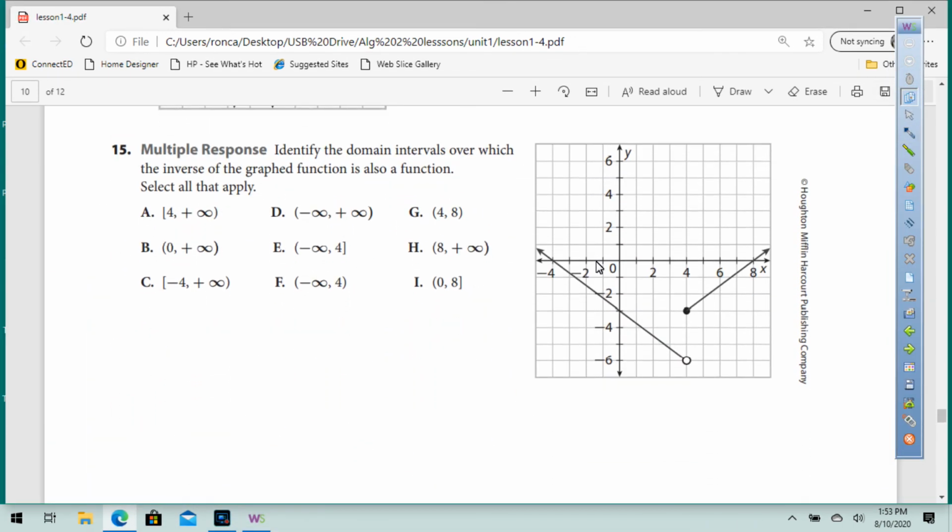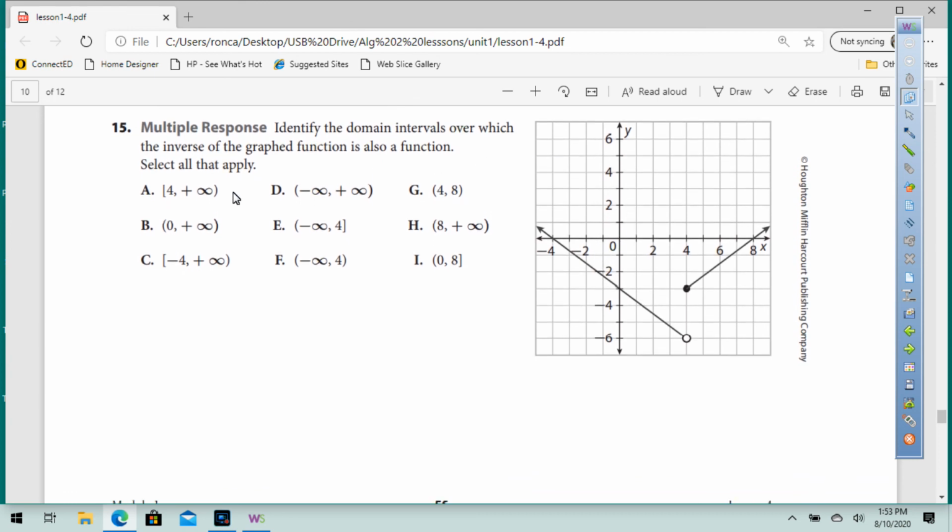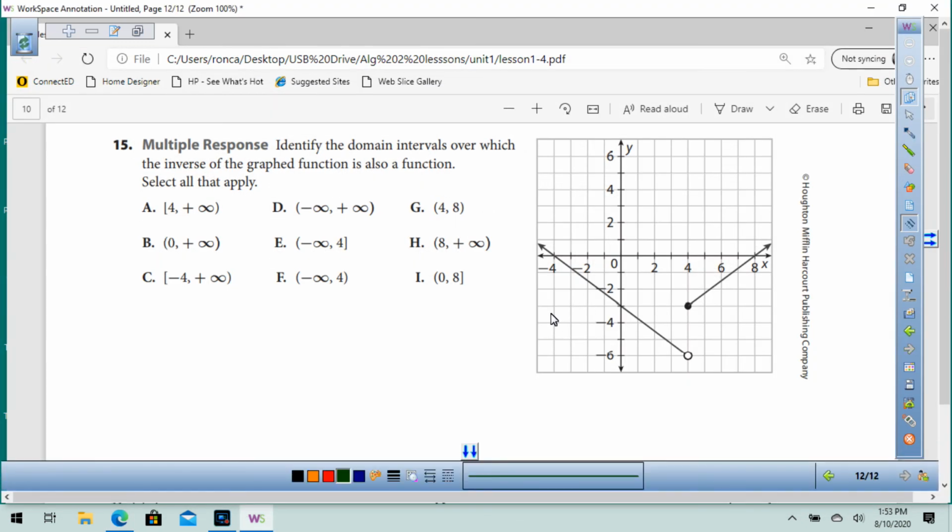And let's try number 15. It says, identify the domain intervals over which the inverse of the graph function is also a function. Well, let's see here. The easy way to do that would be to, let's see here.